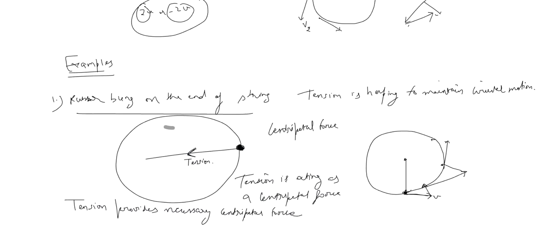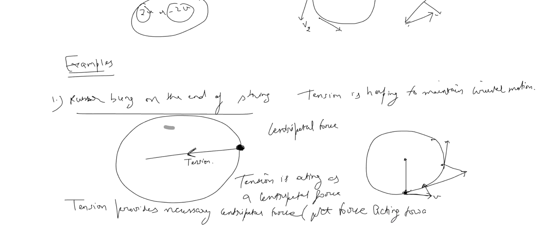So whenever there is circular motion, when we are talking about centripetal force, there must be a force that acts as the centripetal force. And what is that force? That force is always the net force. Centripetal force is the net force acting towards the center.